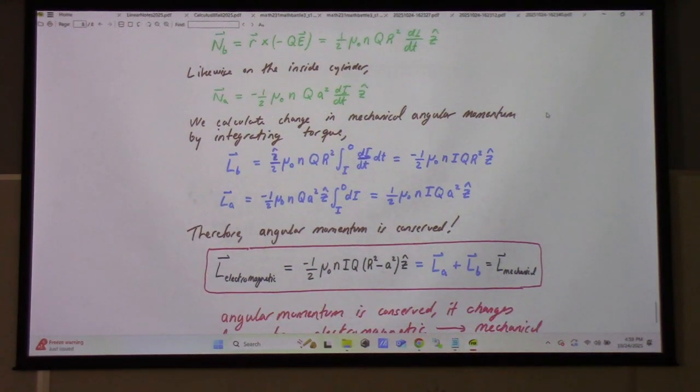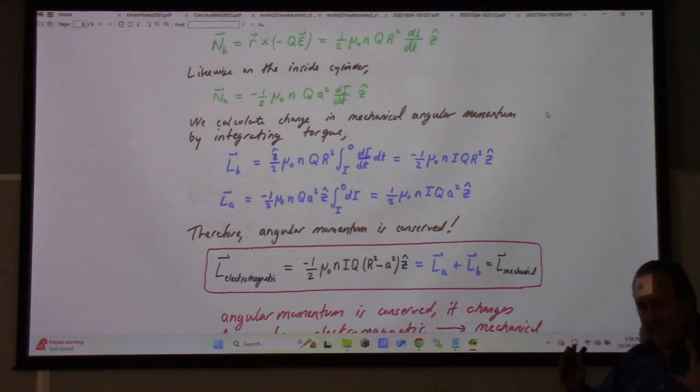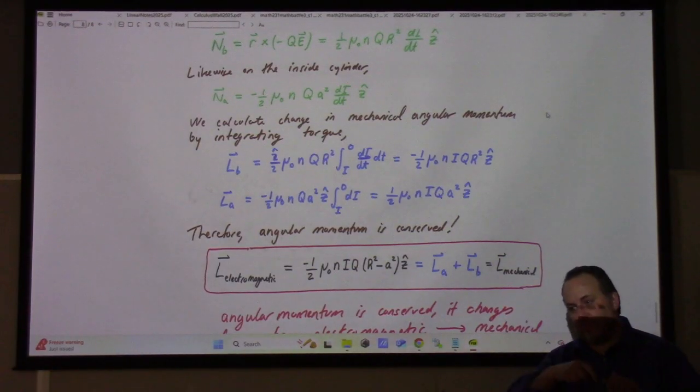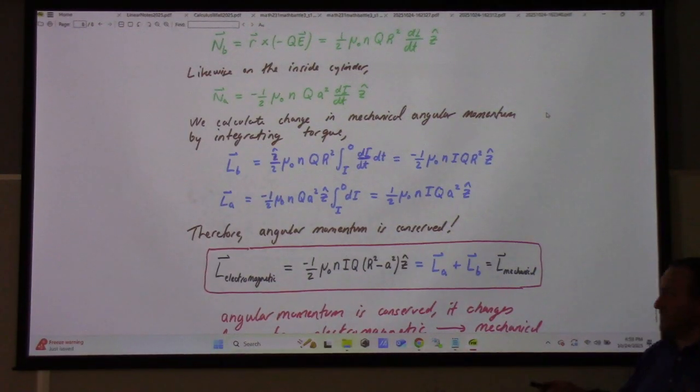Well, what we see then, putting it all together, is that the electromagnetic angular momentum, which we worked out at the start of this example, is equal to L_A plus L_B. Now these are literally mechanical angular momentum because we calculated the torque, we integrated the torque over time. That gives us the actual mechanical angular momentum of the rotating cylinders. And so you see that the electromagnetic angular momentum has been converted to mechanical angular momentum.